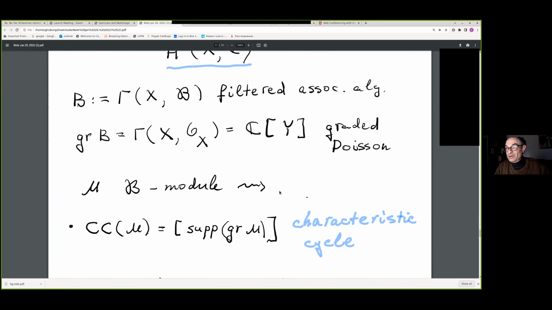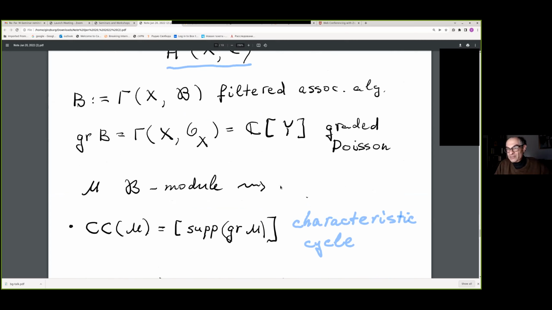Okay. So now, because we're dealing with filtered quantizations, we have no h bar. We have this sheaf curly B of associative algebras. We can take global sections, and then we get an actual associative algebra, just an associative algebra without any h bar, literally. And now it comes with a filtration, because this curly B was filtered.